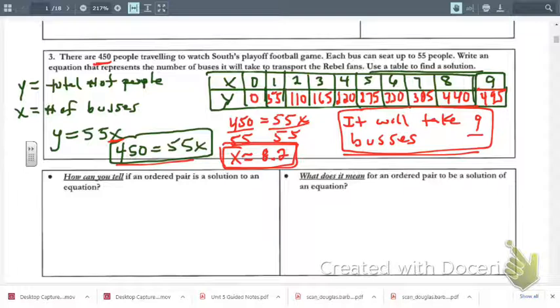Alright, the next part. Okay, we kind of go back to where we started. How can you tell if an ordered pair is a solution to an equation?